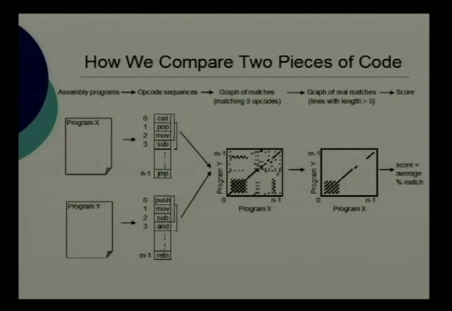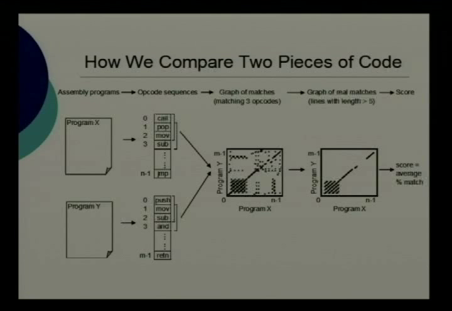Since there may be random matches and noise, we keep in the graph only matches that consist of 5 points or more. 5 is our cutting point. We call those lines that have 5 points or more real match lines. So we get the second graph that consists of all the real matches.